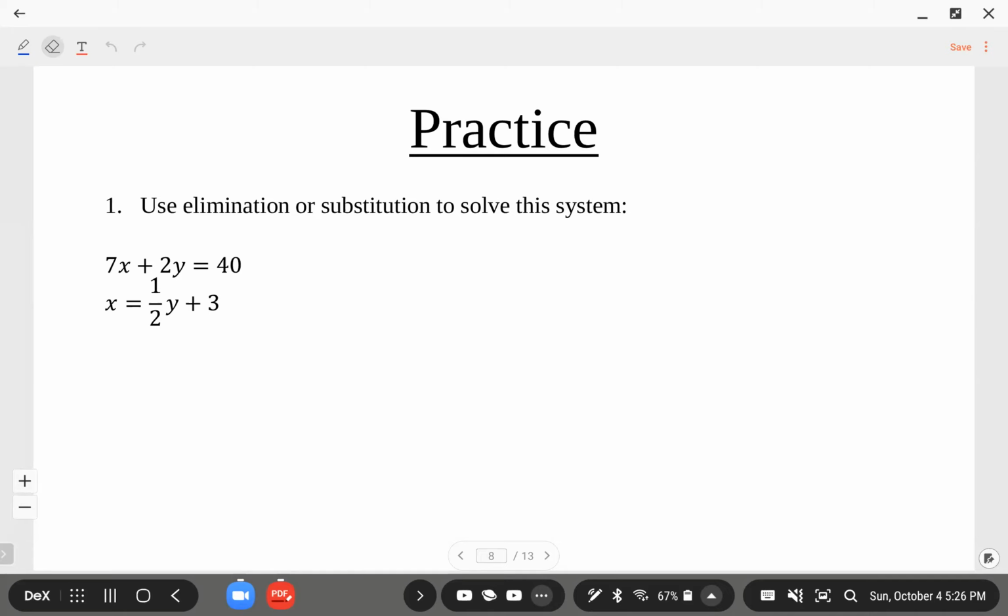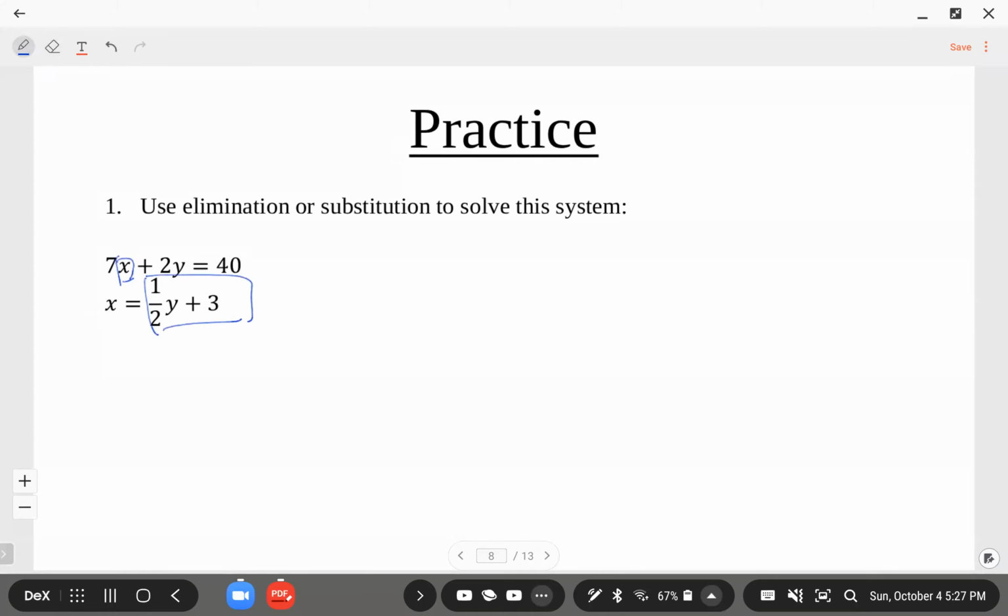So please use elimination or substitution to solve this system. I'll walk you through this first one. Now we have x already solved for us, right? So if we already have x solved for us, then it's best to use substitution, because we can substitute 1/2 y plus 3 in for x.